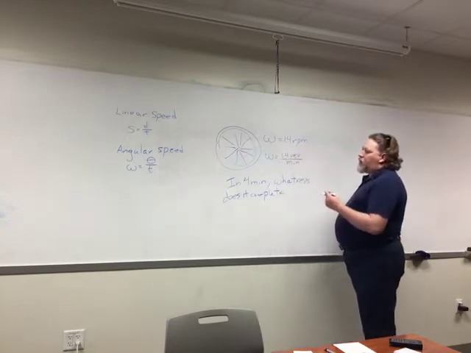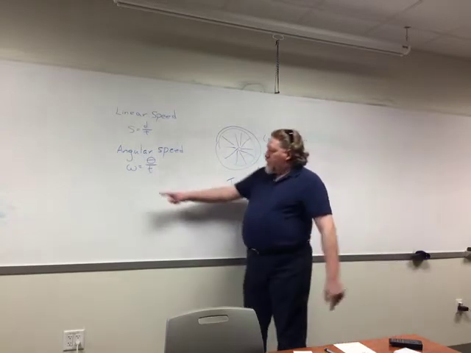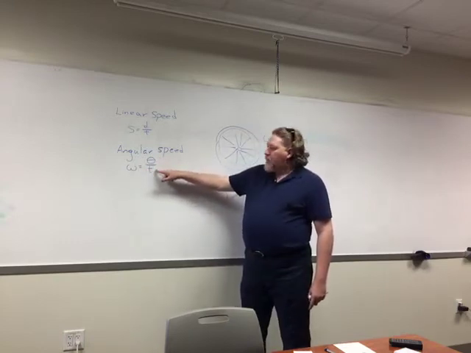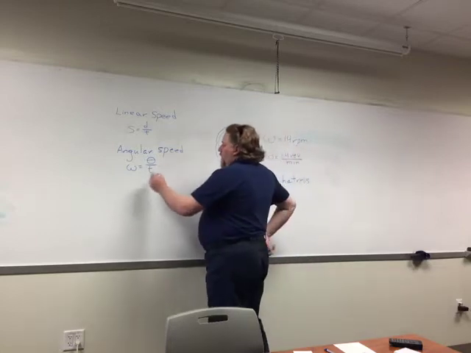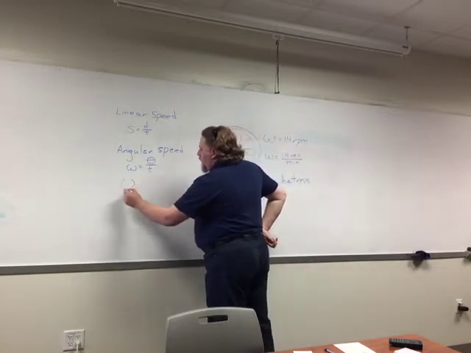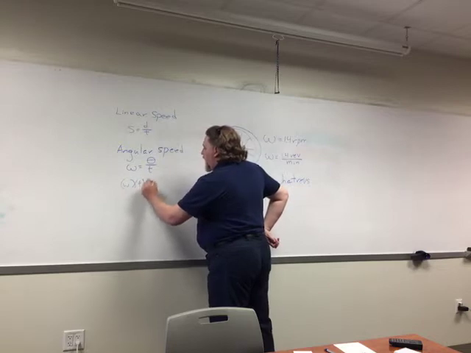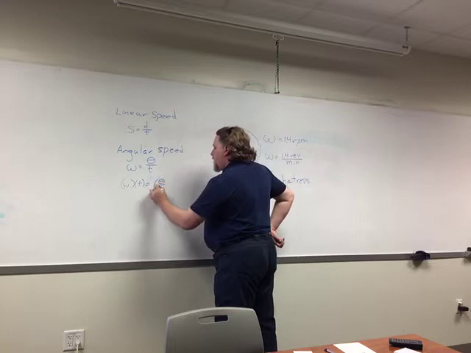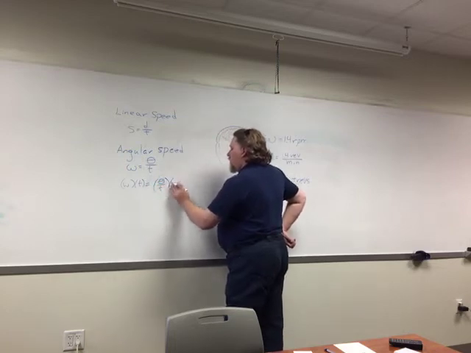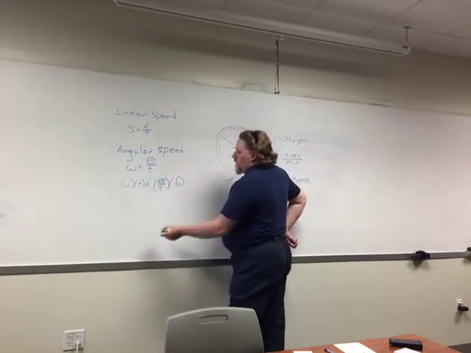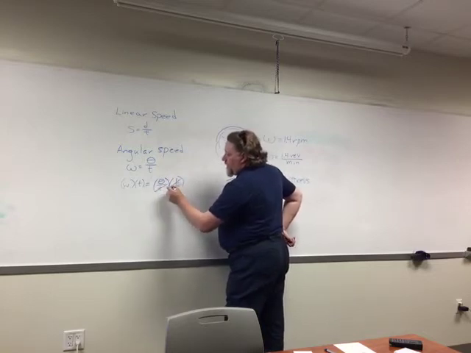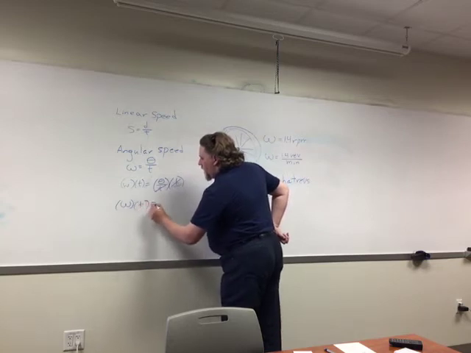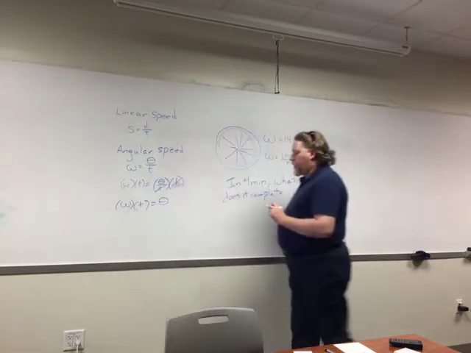Well, that's not too hard. We know that speed is angle divided by time. So if I take this formula and I multiply both sides by time, then time cancels with time and I get angular speed multiplied by time equals the angle it goes through.